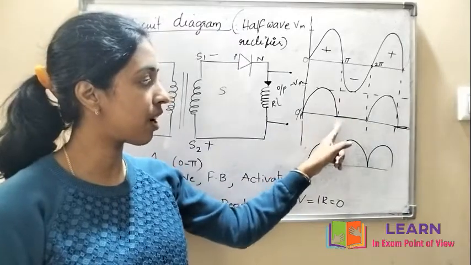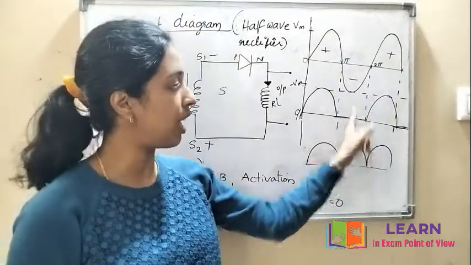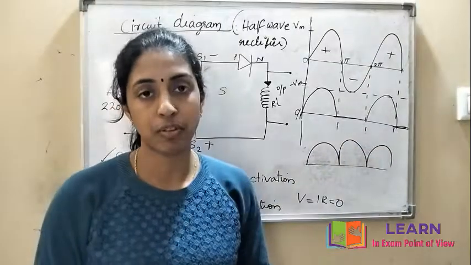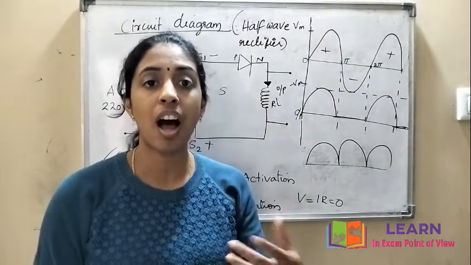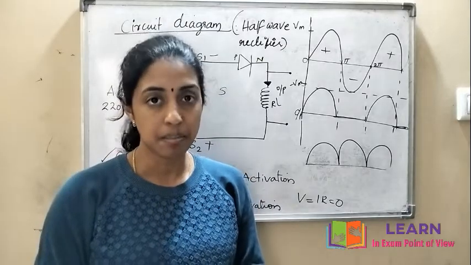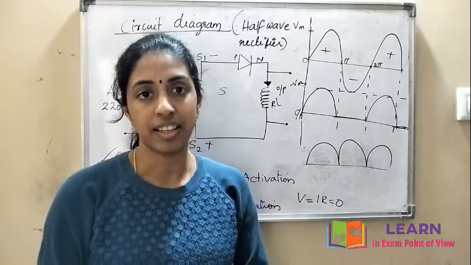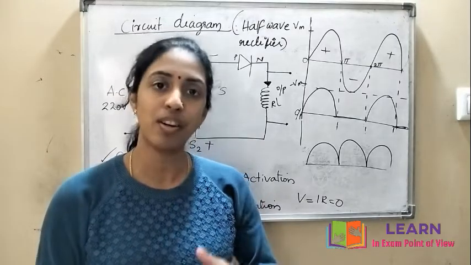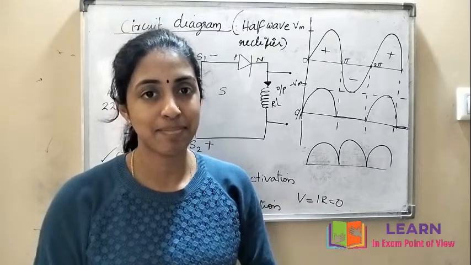Like this for the first half cycle we get voltage, for the negative half cycle there will be nothing, and again for positive there will be voltage. Such rectifiers are called half wave rectifiers. But we need a next level of rectifier. In the next class we can study the full wave rectifier. Hope the class is clear. Bye.